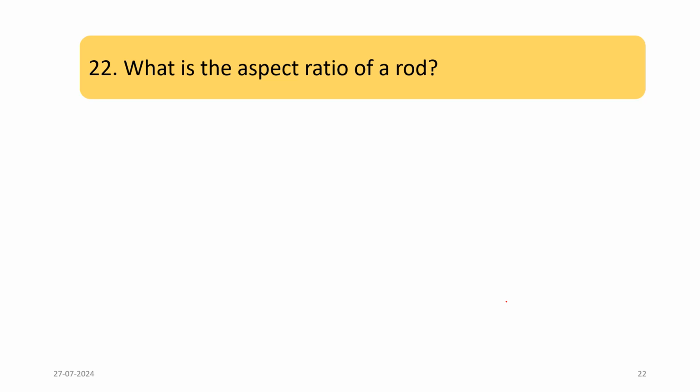Next, what is the aspect ratio of a rod? What is the aspect ratio of a rod?